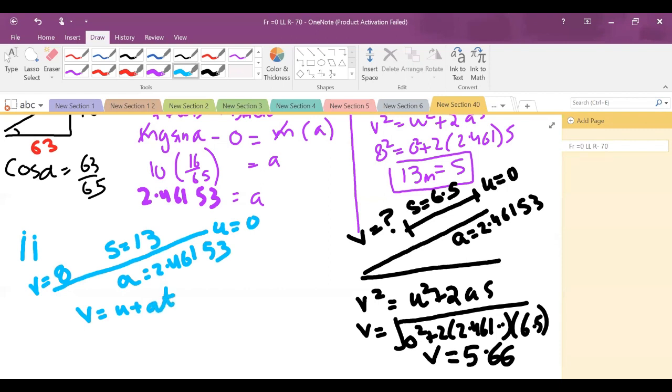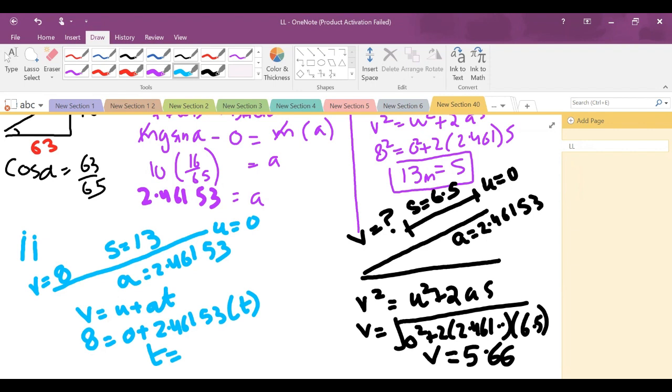You can use more than one equation of motion because you're given 4 parameters. 8 is equals to 0 plus 2.46153 times t. So t आता है 3.25.